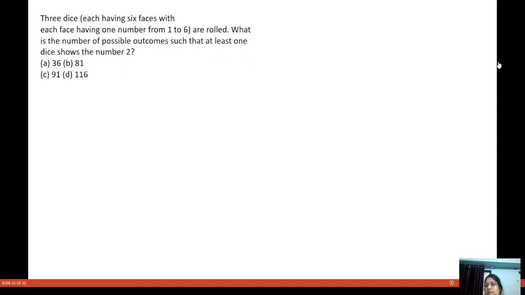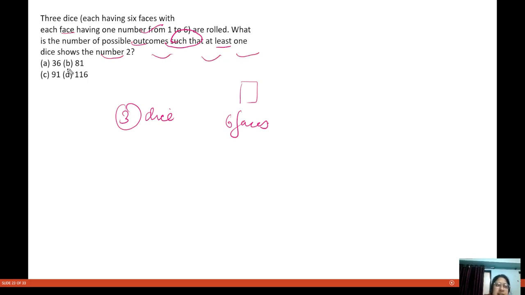So what this is saying is that three dice, each having six faces, with each face having a number from 1 to 6, are rolled. What is the number of possible outcomes such that at least one die shows the number 2?